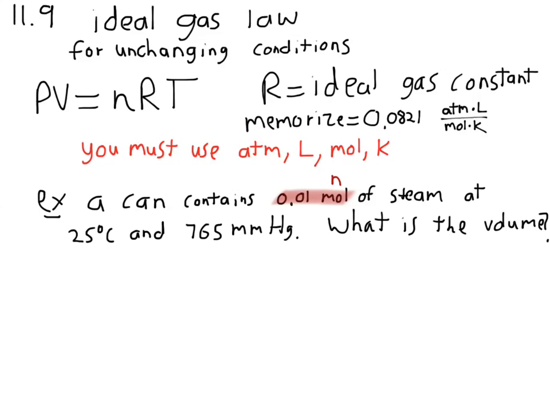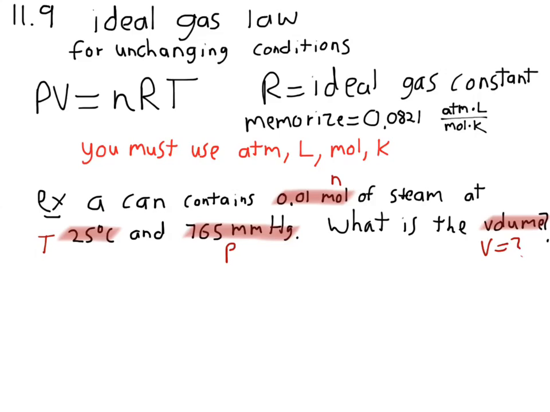So we have our n, that's the moles, 0.01 moles. Our T, that's the temperature, 25 degrees Celsius, but we will need to make sure and use that in Kelvin. Our 765 millimeters of mercury is our pressure, but we'll need to make sure and use that in atmospheres. And we're trying to solve for our volume.